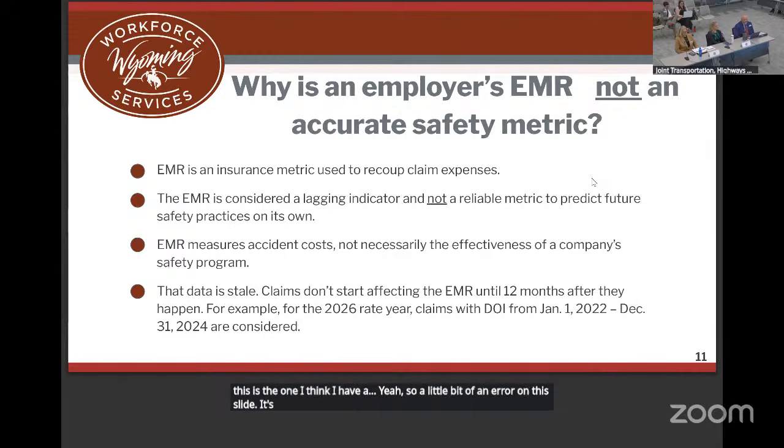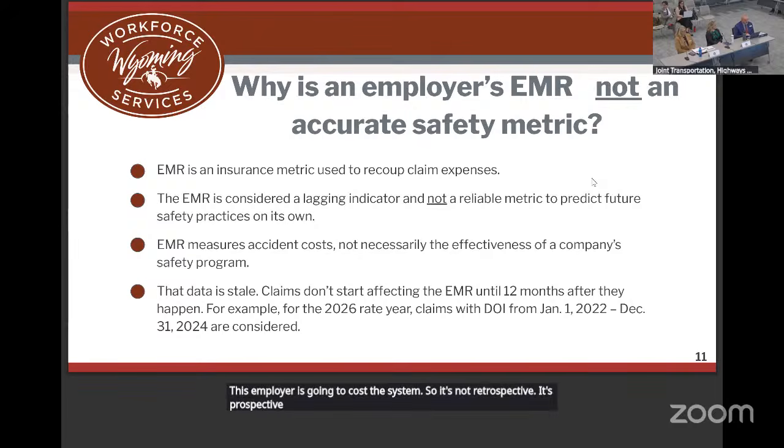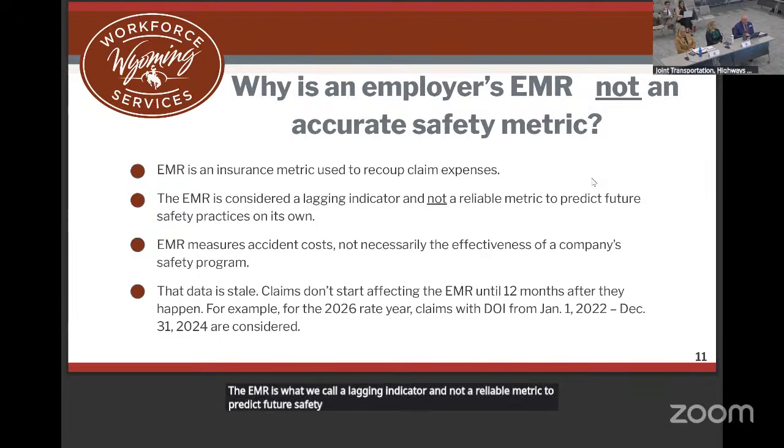The EMR is not actually to recoup expenses, it's to predict expenses going forward. So the EMR is really a prospective measure of what we believe this employer is going to cost the system. So it's not retrospective, it's prospective. The EMR is what we call a lagging indicator and not a reliable metric to predict future safety practices on its own.